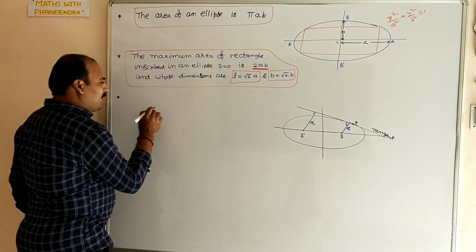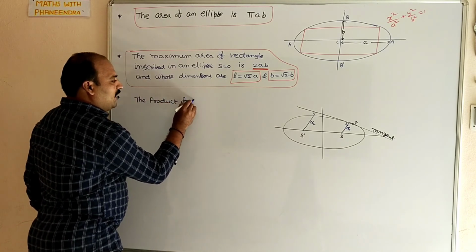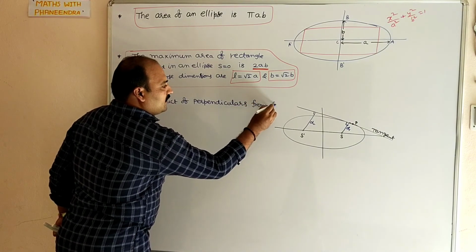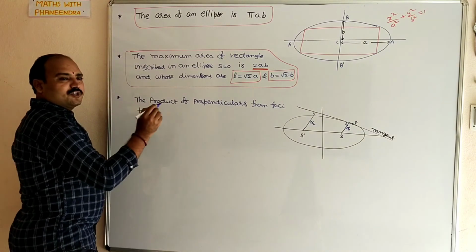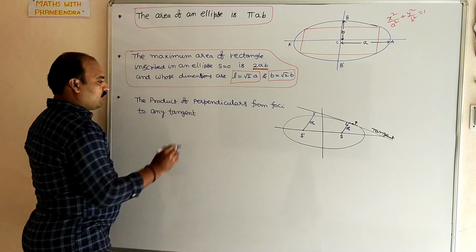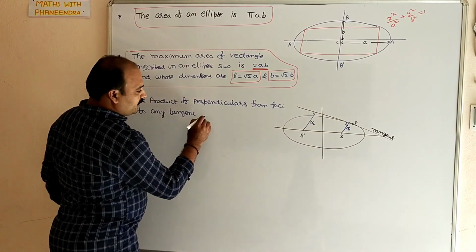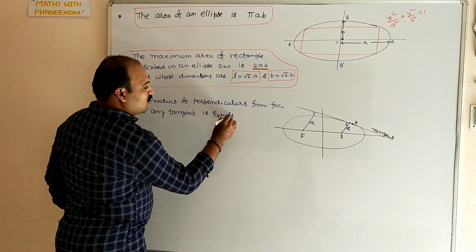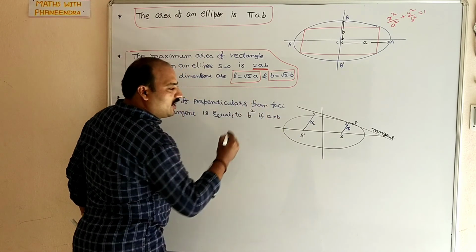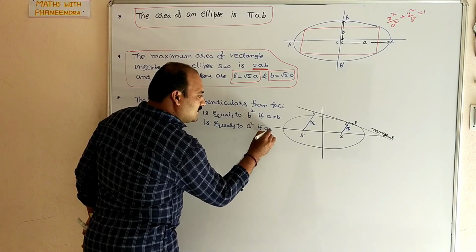Here, the product of the perpendicular distances from the foci to any tangent is equal to b square if a is greater than b, and equal to a square if a is less than b.